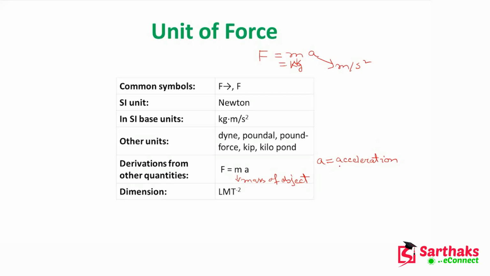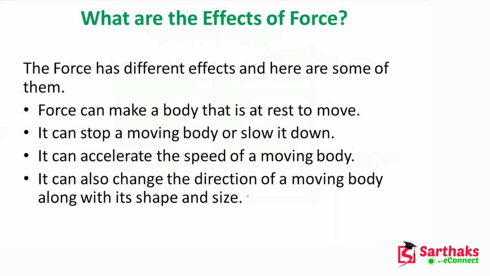If you are moving along any surface, then it will be a different acceleration. Okay. And the dimension is MLT to the power minus 2, or M L divided by T square.